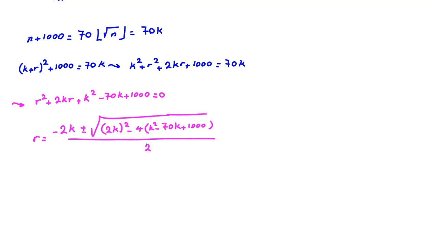Okay, let's divide both numerator and denominator by 2. We can cancel 2. Inside the square root, we should divide by 4. Okay, so it will be negative k plus or minus square root of k squared, negative k squared will be cancelled, negative negative 70k minus 1000. So this is our r.